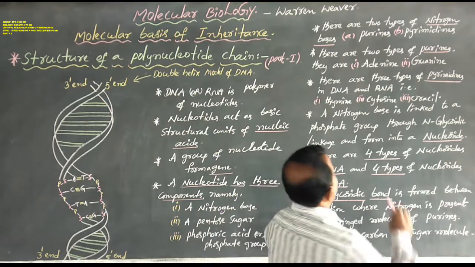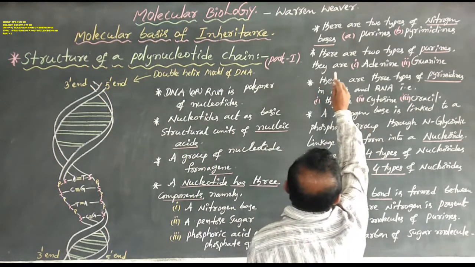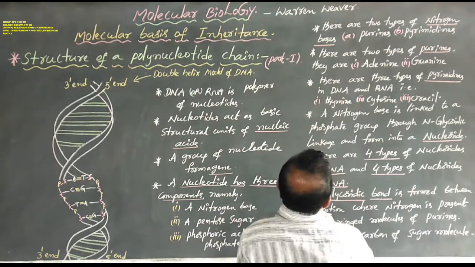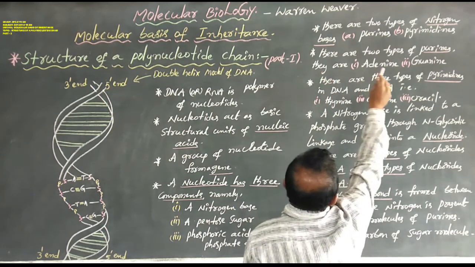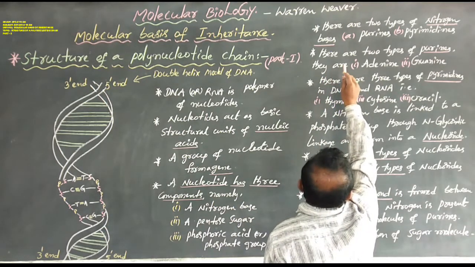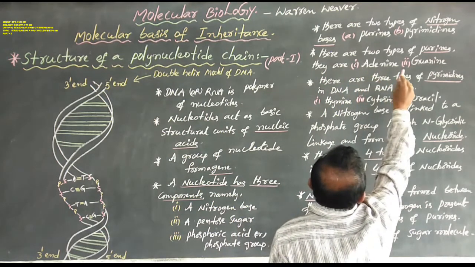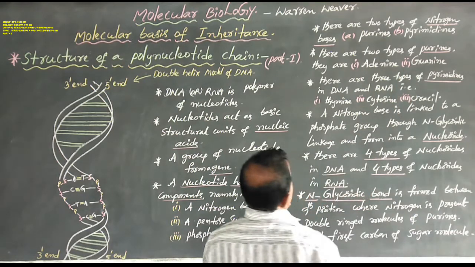Okay now, next coming to nitrogen bases are of two types. First nitrogen bases are purines, second nitrogen bases are pyrimidines.